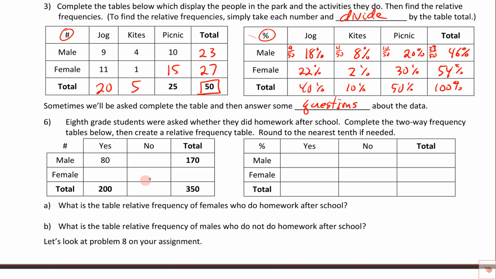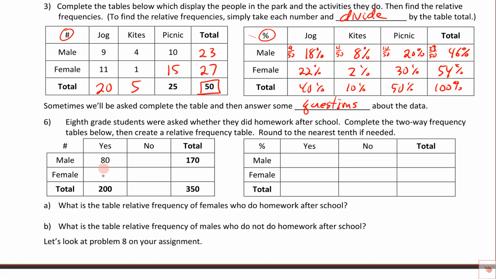We really can't fill this one in at all. We could fill in this one over here using the 170 and the 350. Same thing for the male and female. So we've actually got 4 boxes we could fill in, but we can't fill in the one in the middle because we wouldn't have enough information for that yet. But let's see what we've got here.